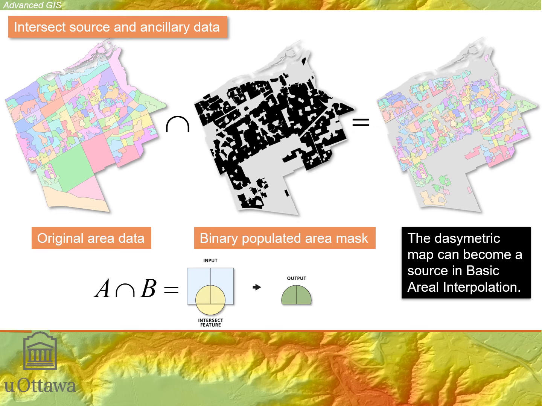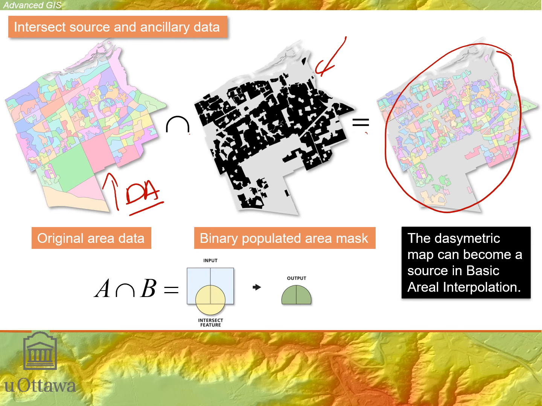So we intersect our DAs, that's just dissemination area level polygons, with the binary dasymetric map, and then that equals one that looks like this.